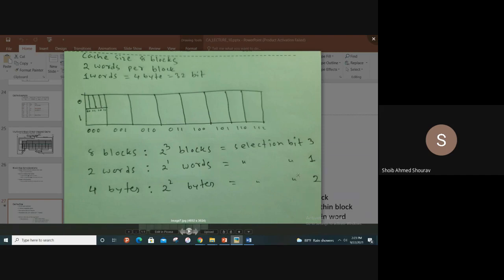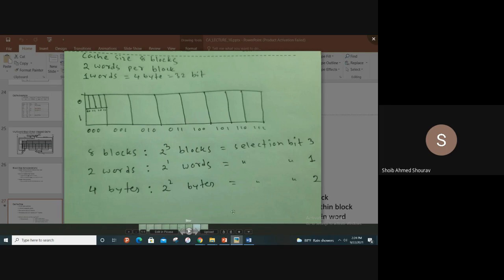Always 2 selection bits are required to find out which byte it is. To find out the exact byte, we need 3 plus 1 plus 2, 6 bits. Can I say this is n, this is m, this is 2. So it is n plus m plus 2.